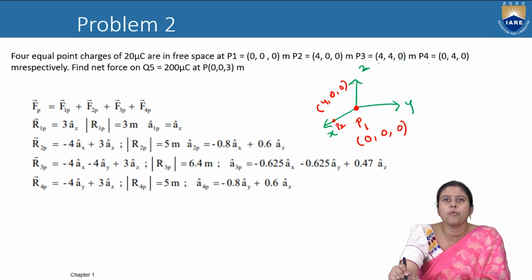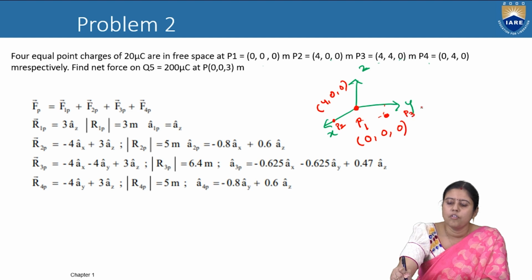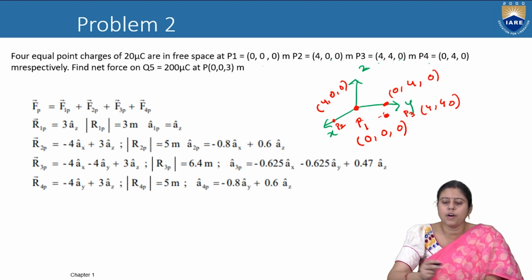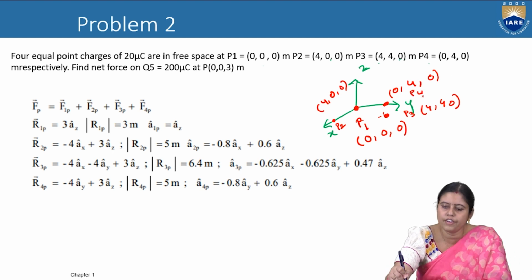P3 is 4, 4, 0, means it has the x and y, so somewhere in this place. And P4 is again on the y-axis, 0, 4, 0. So we have these 4 points P1, P2, P3 and P4.